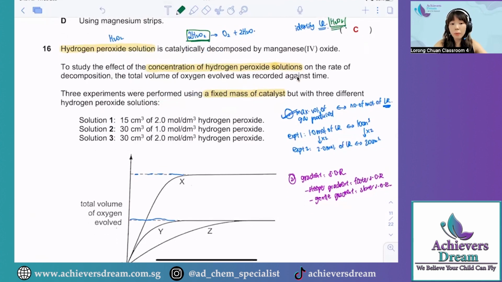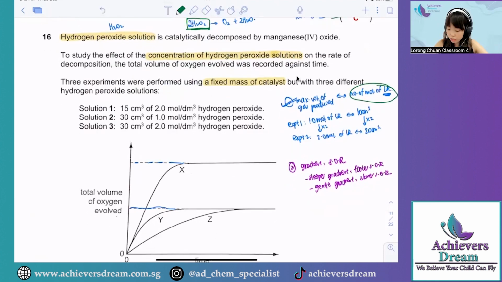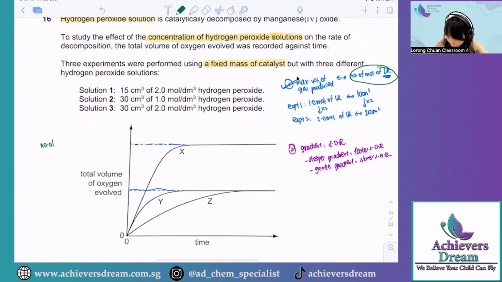So now my next step is to calculate the number of moles of H2O2 for all 3 solutions. The formula that I'm using here is volume times concentration, whereby volume is in dm³ and concentration is in moles per dm³. For solution 1, to find the number of moles of H2O2, I have 15 cm³, so 15 over 1000 dm³ times 2 moles per dm³.